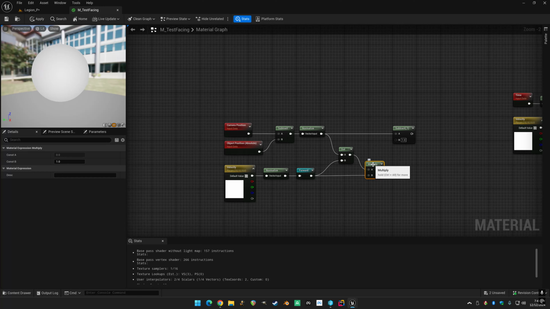So forward is the plane normal, right? So we're taking the dot product of that, multiplying by that, subtracting that. So that should project it onto the plane.